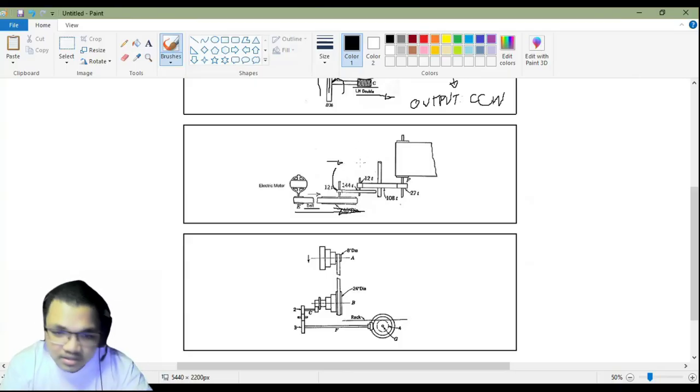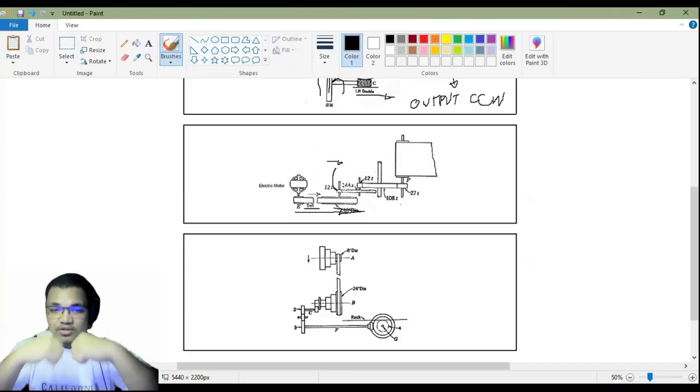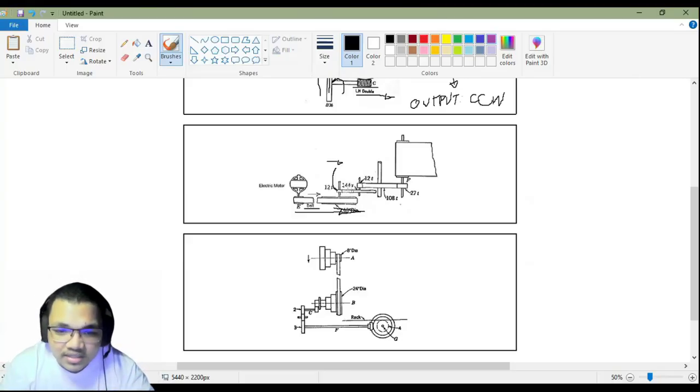We can say that that gear turns to the right. With the teeth notion, this larger, thinner gear will be going to the left, thus translating it to this smaller gear. Thus, this is going to the left.